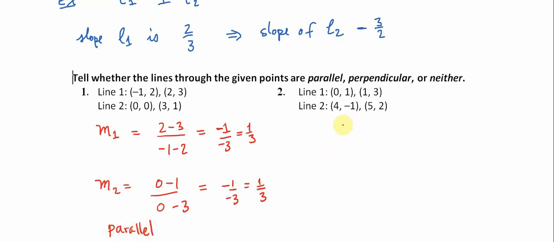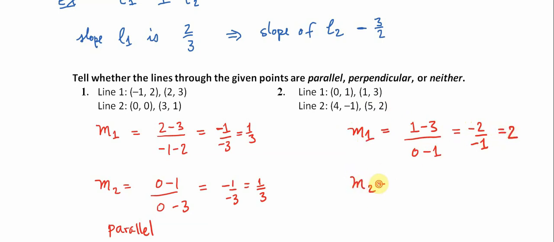All right, example 2, same thing. A lot of good practice here. Slope of the first line is 1 minus 3 over 0 minus 1. So we're going to get -2 over -1, which simplifies to 2. The second line has a slope of -1 minus 2 over 4 minus 5.